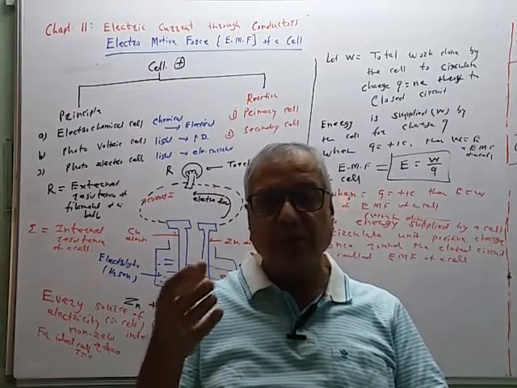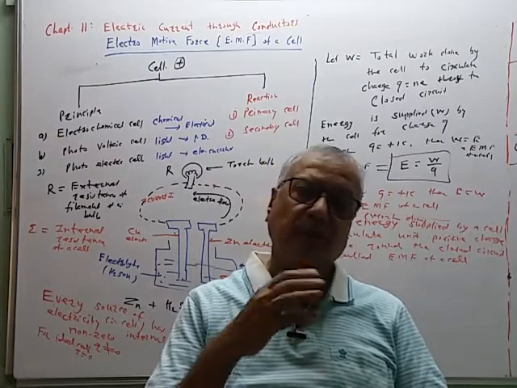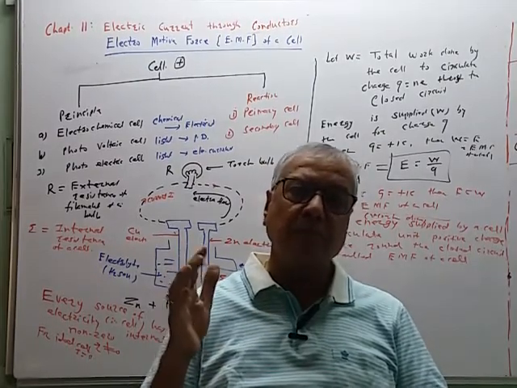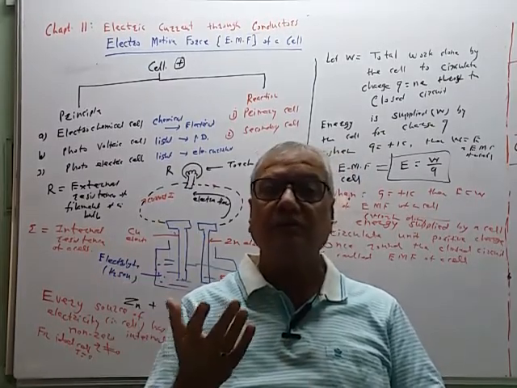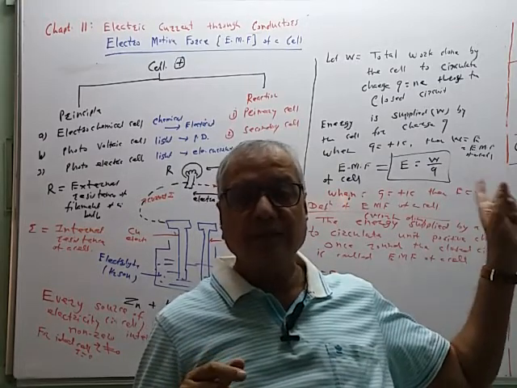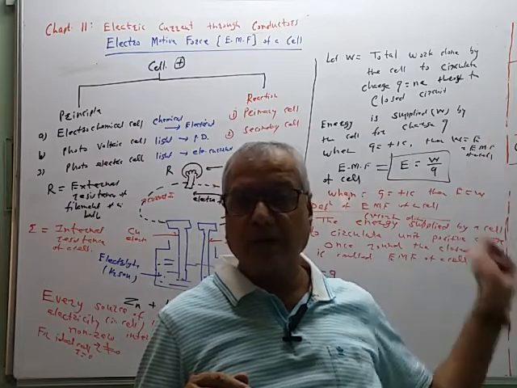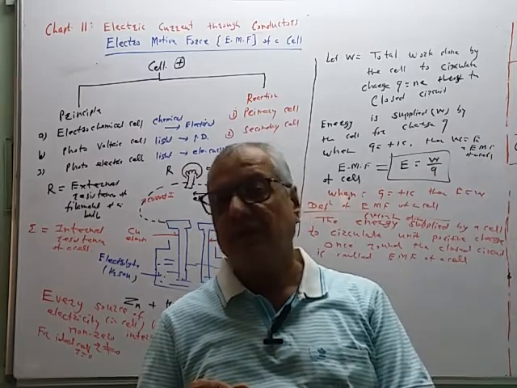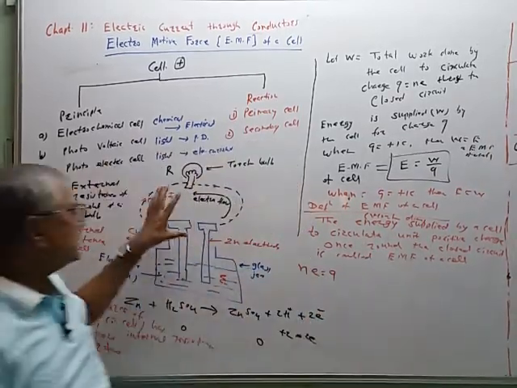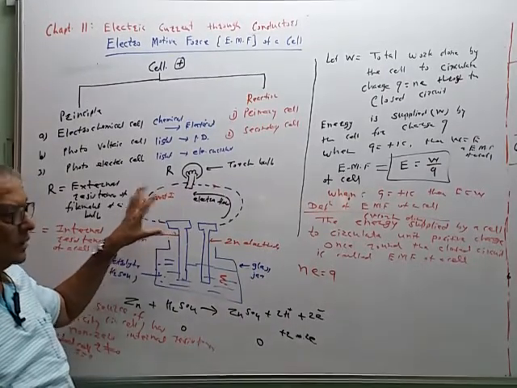The heart supplies the pure blood, it flows through the body through different veins and then returns to the heart. Here, the cell supplies energy to the electron, therefore the electron circulates and again returns to the cell. So this is the simple arrangement that we have seen.